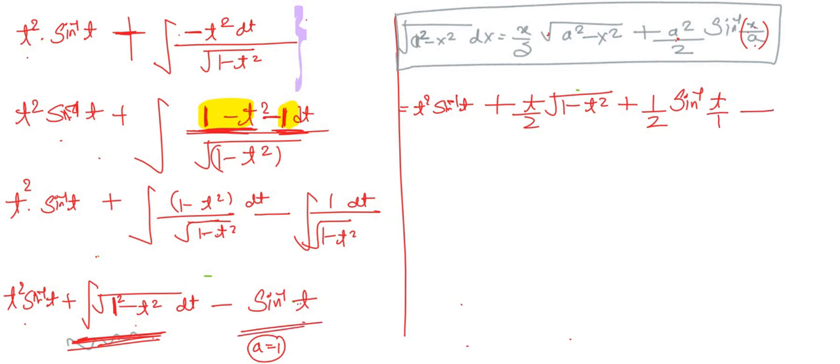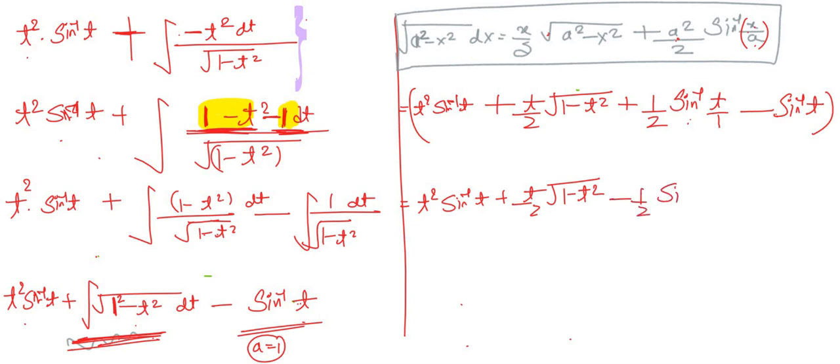The third term is nothing but sine inverse of t. So if I simplify, it will become t by 2 root of 1 minus t square, and what is this minus this? It is nothing but half minus sine inverse t, which is minus half sine inverse t, correct? Plus c. Actually c will be everywhere, you can add it in the end.